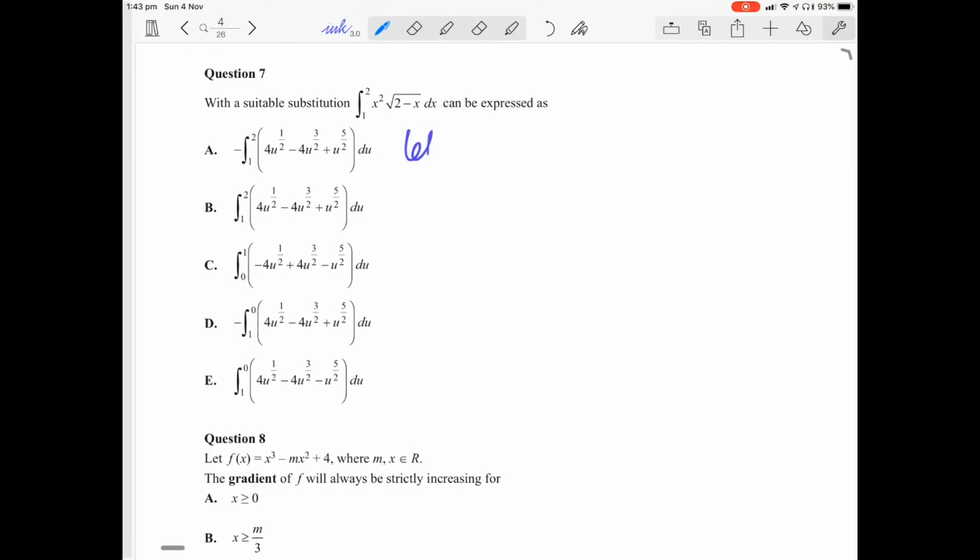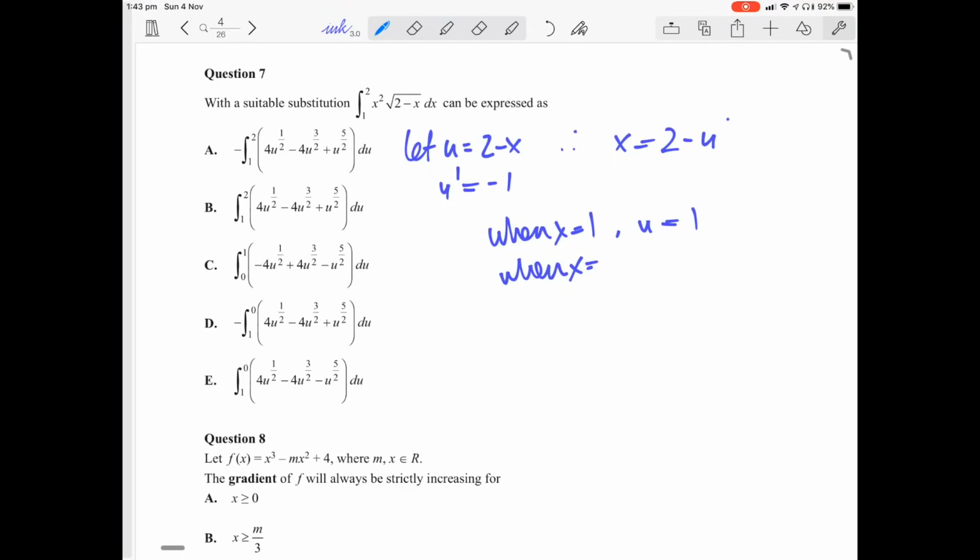Okay, where u equal 2 minus x, therefore u dash is negative 1, and x equals 2 minus u. So, what can we say? When x equals 1, u equals 1. When x equals 2, u equals 0.